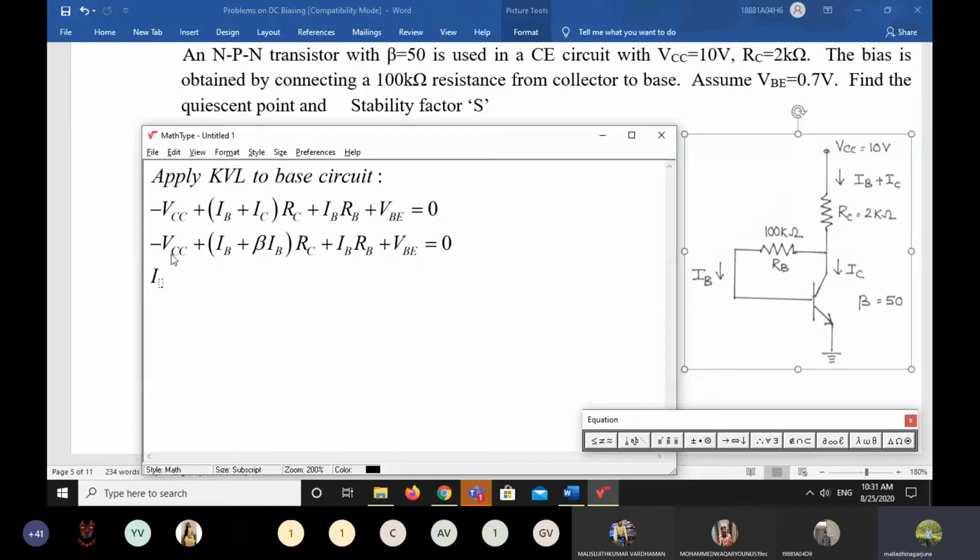Rearranging the equation, IB equals VCC minus VBE divided by RB plus 1 plus beta into RC.